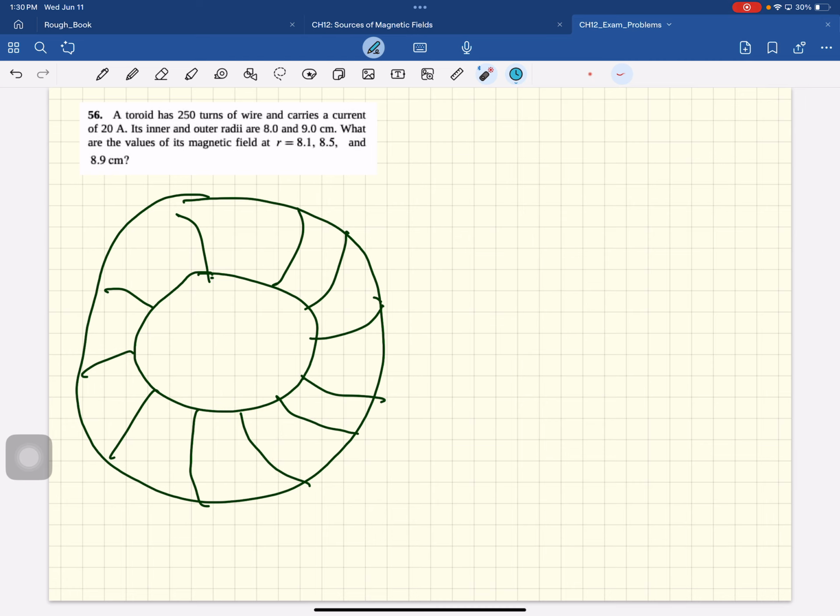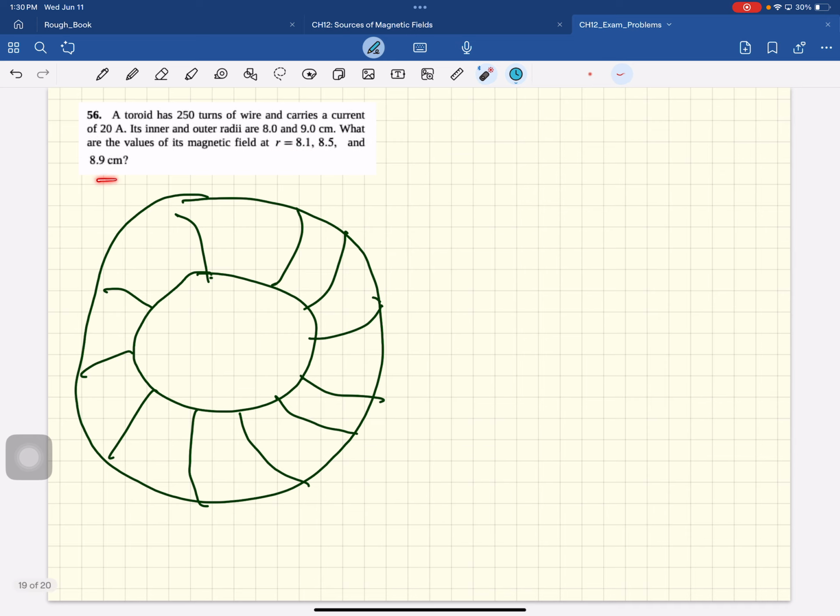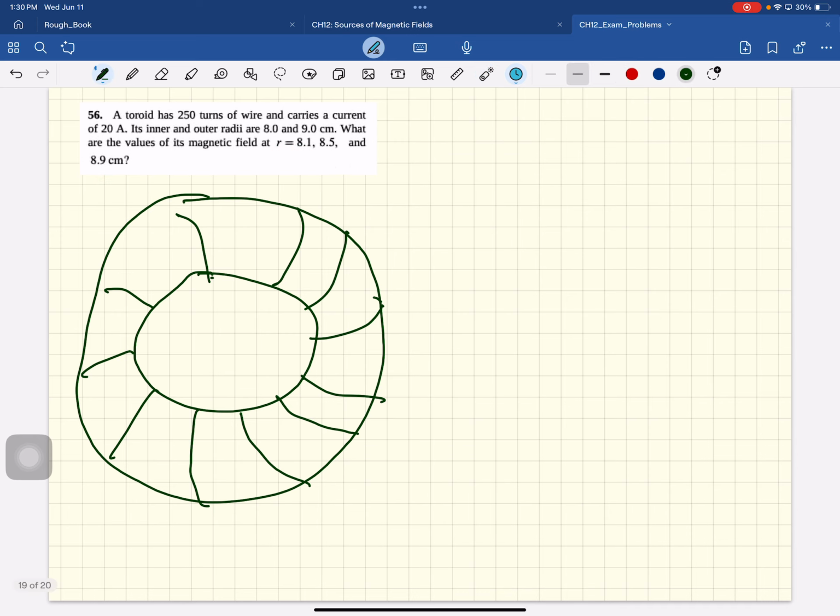So the field does change. And what I'm going to do is calculate the field at this radius, and you can do it at any other radius. So this will introduce Ampere's law to you.